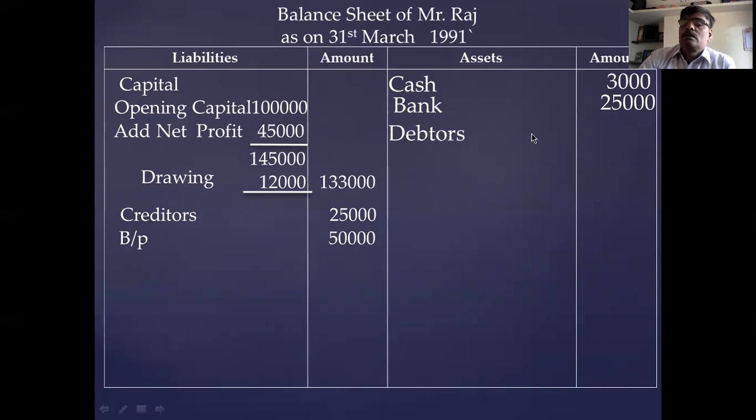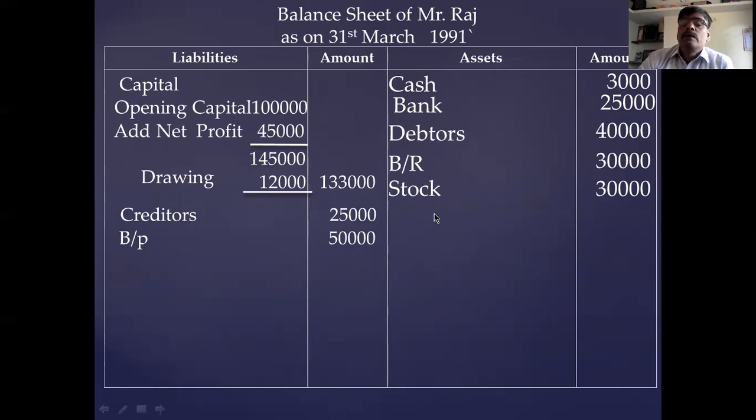Next, you take the debtors account closing balance. Then you take the bills receivable account closing balance. Okay, these are the account closing balances you take. Then stock from the closing stock, 30,000. Okay.